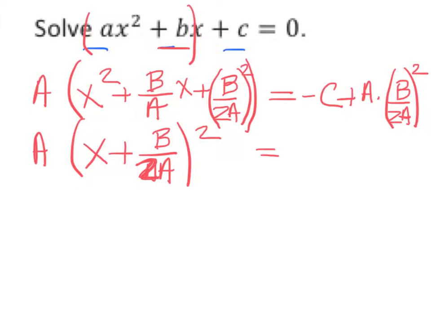And on the right-hand side, you can simplify that. You have your negative c, and then you have a times b squared over the quantity squared of 2a. You have to distribute this exponent to each of these, so you would end up with b squared over 4a squared.